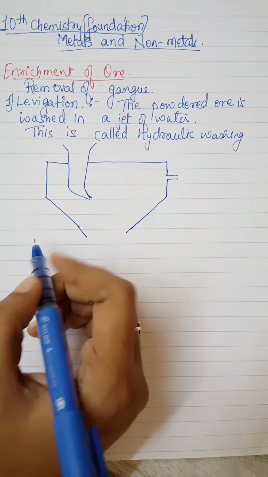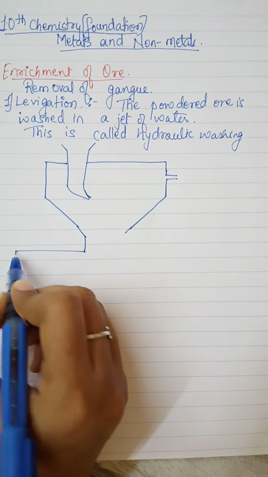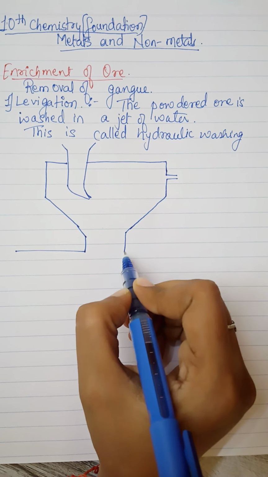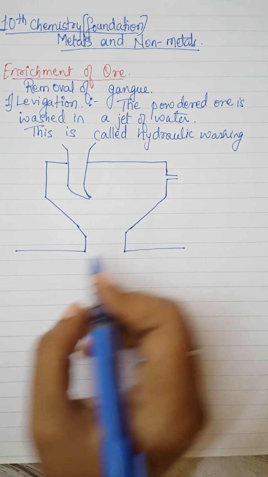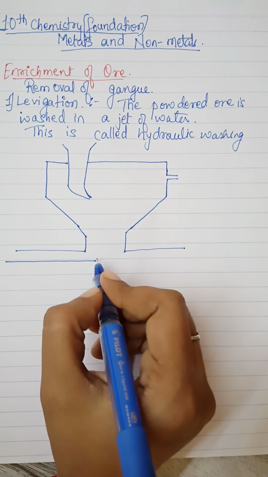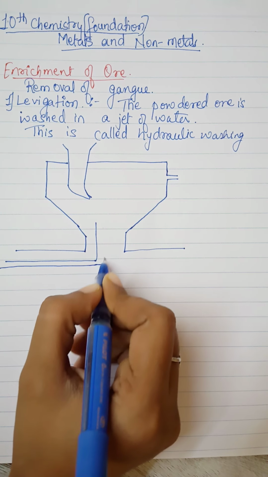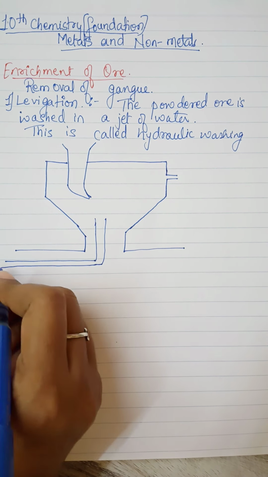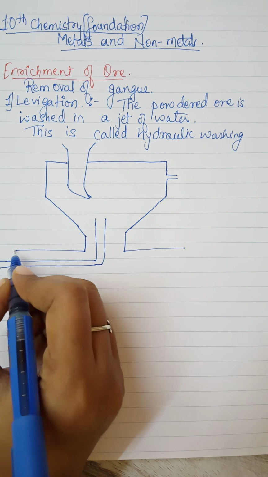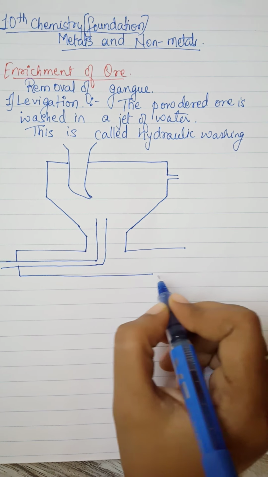Now just see the diagram and you need to draw it, okay. So here I am adding a pipe through which the jet of water will come and will help in the washing of the ore.